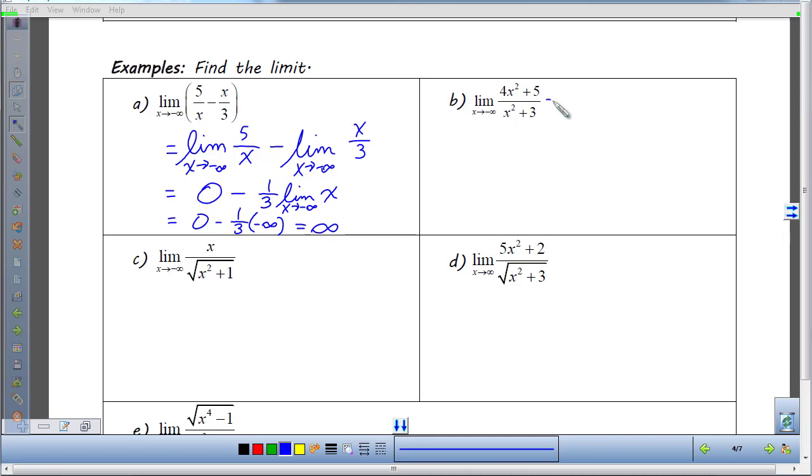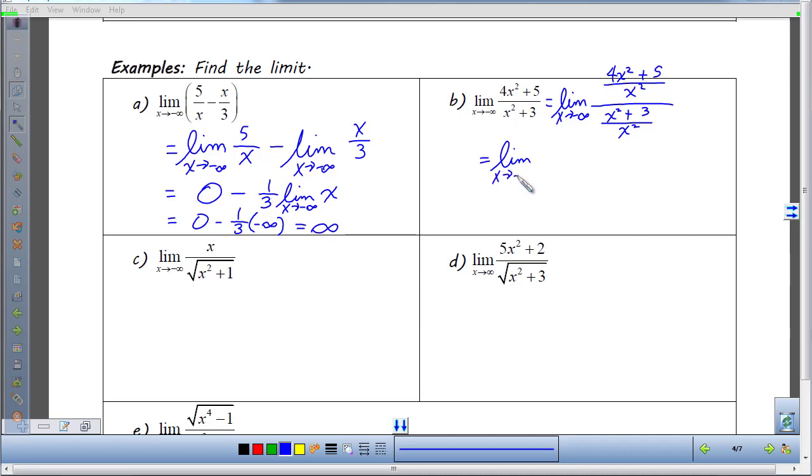And so when I do that, I've got the limit as x approaches negative infinity of (4x squared plus 5) over x squared, and then (x squared plus 3) over x squared.